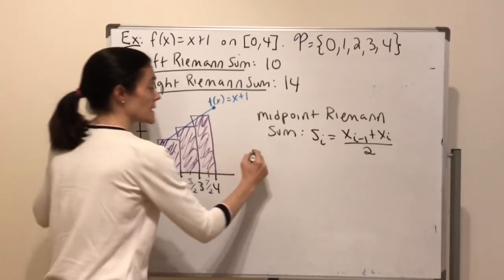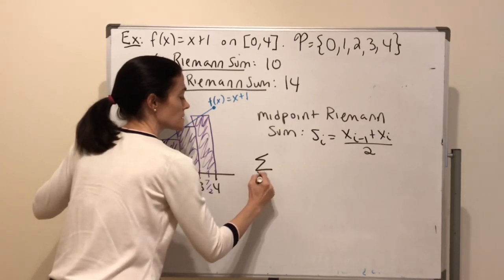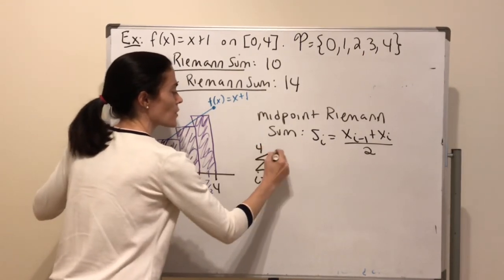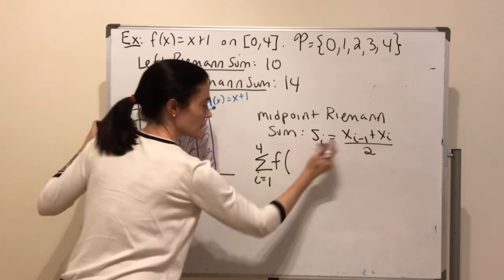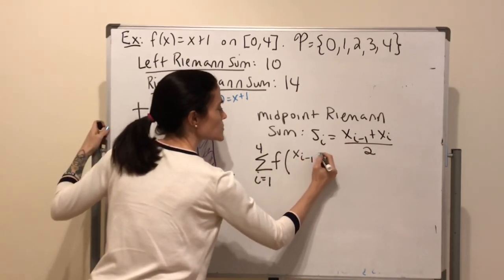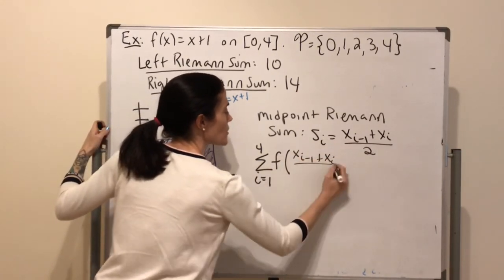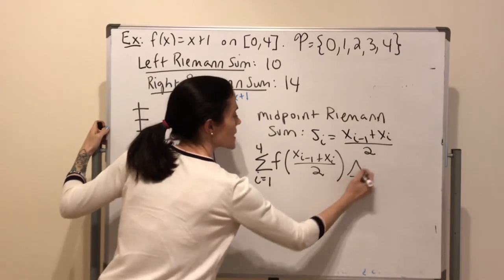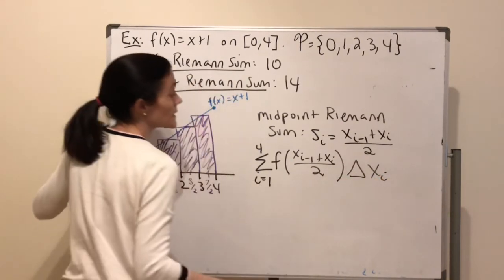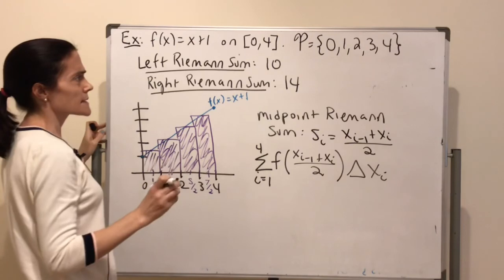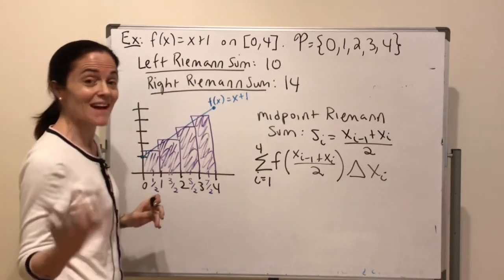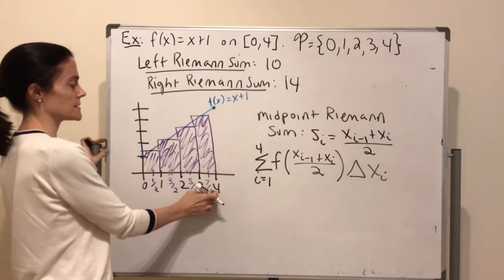Well, just like the first two, this is the sum, i is 1 to 4. It'll be f of this, which is (x_{i-1} + x_i)/2, and then times delta x_i. Again, delta x_i, well, I had it above, but it's now erased, but it's 1. Okay, it's just this length.